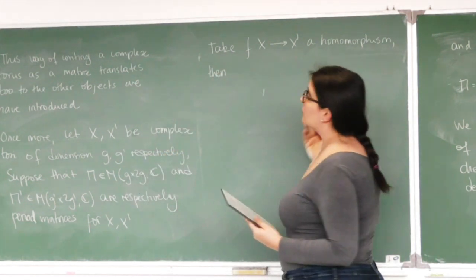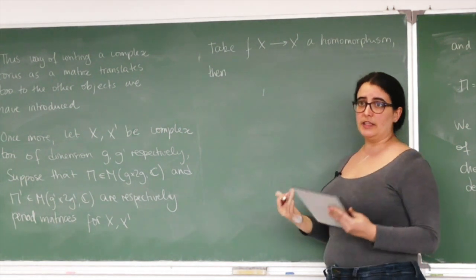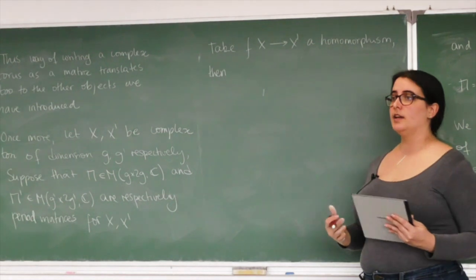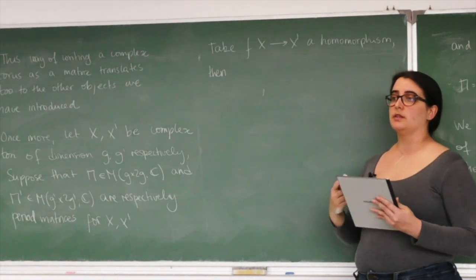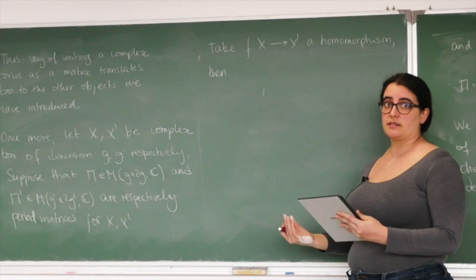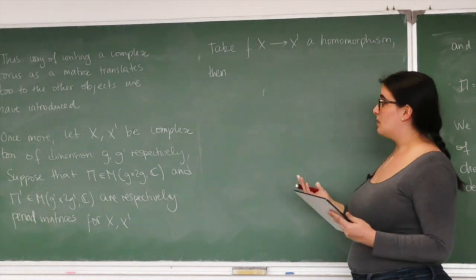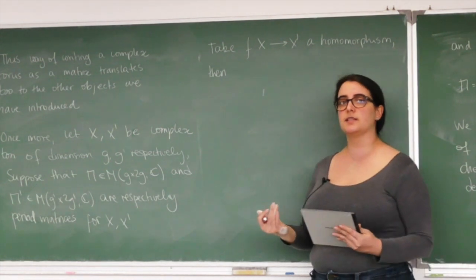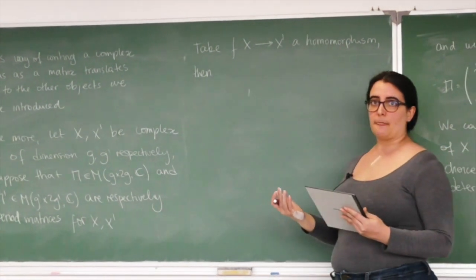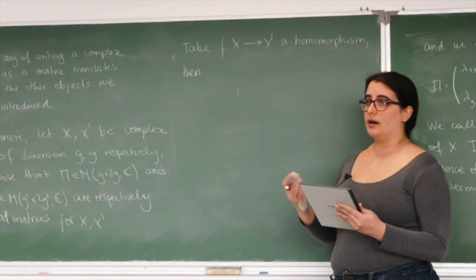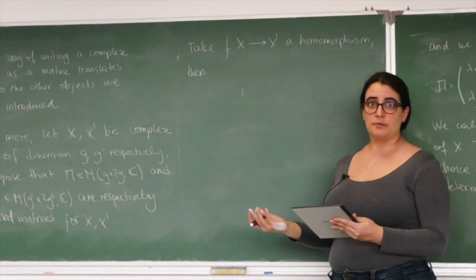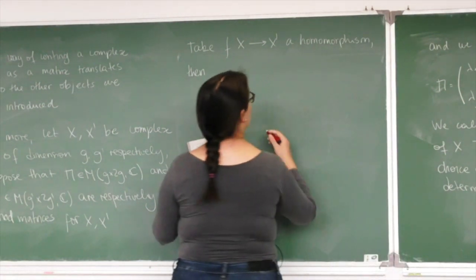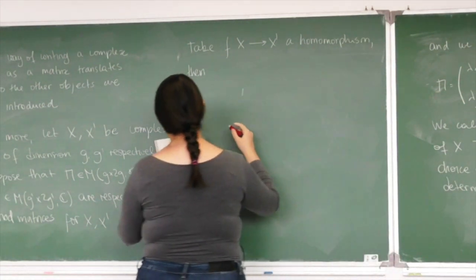For a homomorphism of complex tori, we define the rational representation and the analytic representation, which was a homomorphism between the vector spaces or the lattices. But now that we have chosen a basis, the homomorphism between complex vector spaces is just a linear map. So a map that goes from C^g to C^g prime and can be represented by a matrix of the right dimensions. Let me write that.